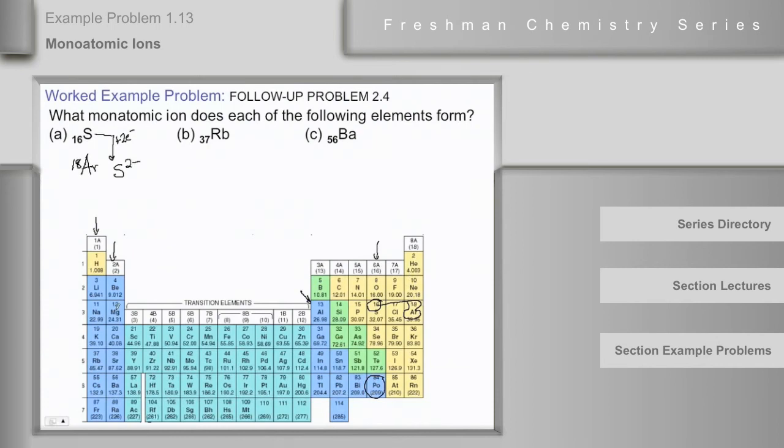They do so because of the fact that they have more electrons than the nearest noble gas. Let's use rubidium as an example. Rubidium, element number 37, is in group 1A. The nearest noble gas, in terms of Z, is krypton with a Z of 36.